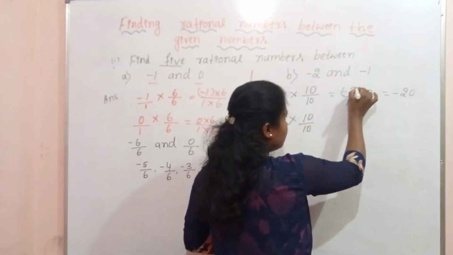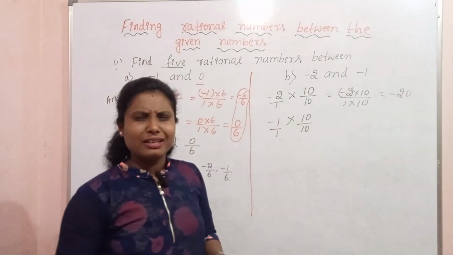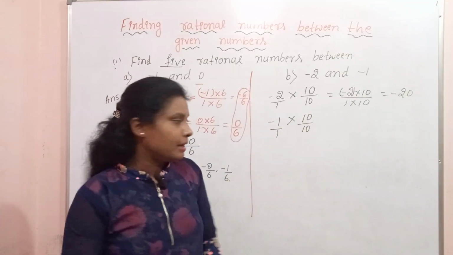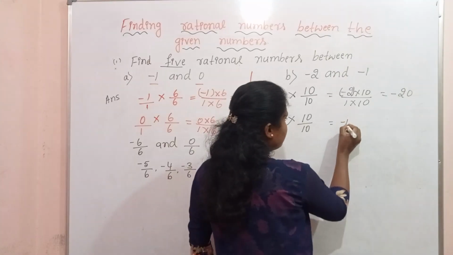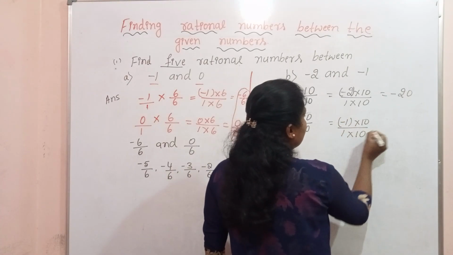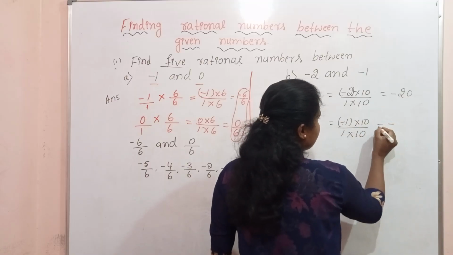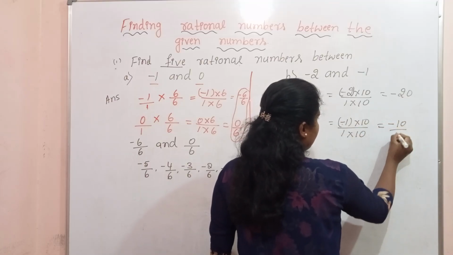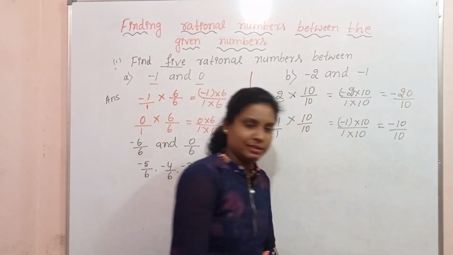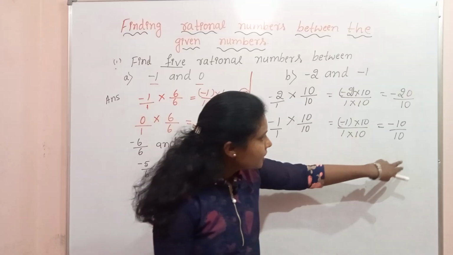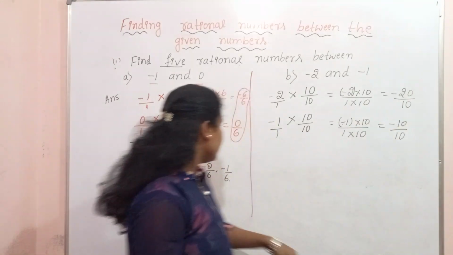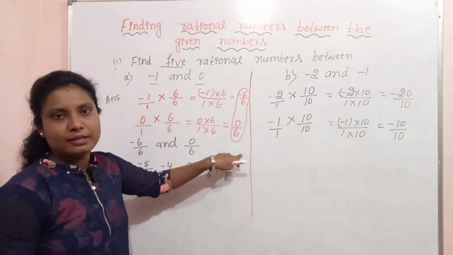Where a minus sign is there, we need to put it in a bracket, so that we multiply with the sign. So here also -1 into 10 divided by 1 into 10. Minus into plus, -10, 1 into 10. So here we left the denominator. Now we need to check the denominator is the same. Yes, here also check the denominators are the same.